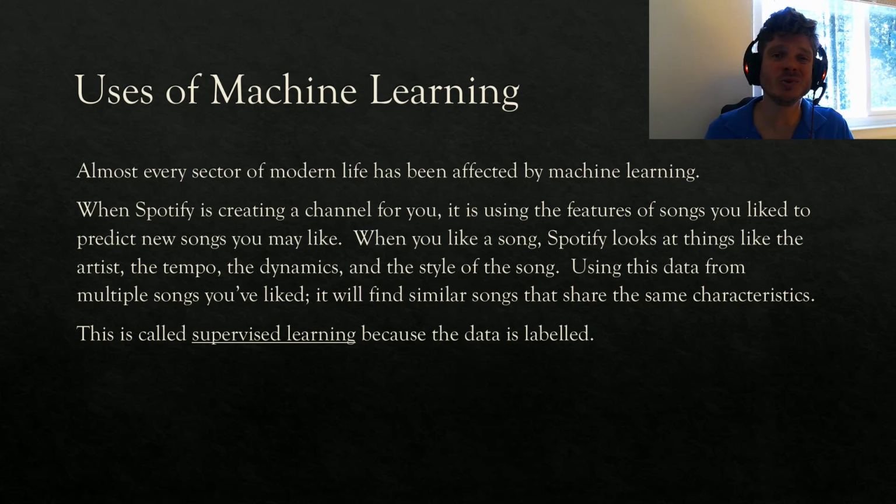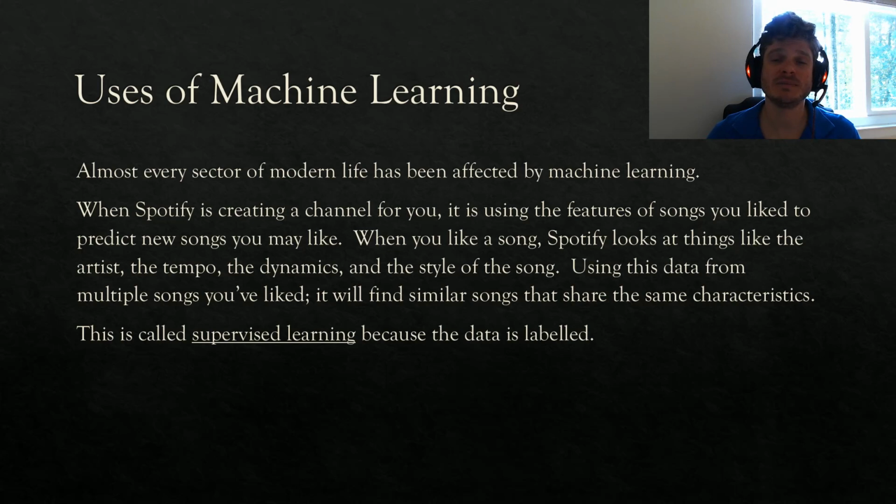So when you like a song on Spotify, it looks at a bunch of different variables about that song, like the artist, the tempo, the dynamics, the style, and actually a few other variables as well. And then using that data from you, from those multiple songs that you've liked or maybe disliked, it's going to try to find and suggest similar songs with those same characteristics.